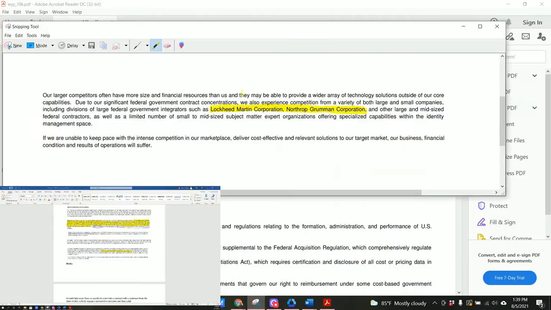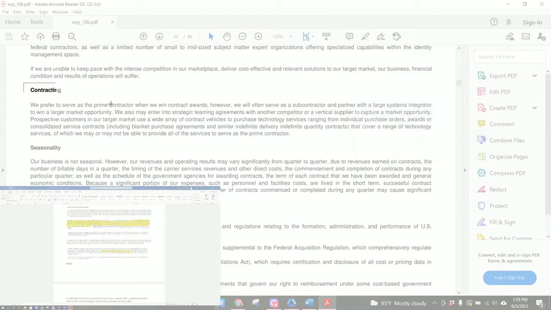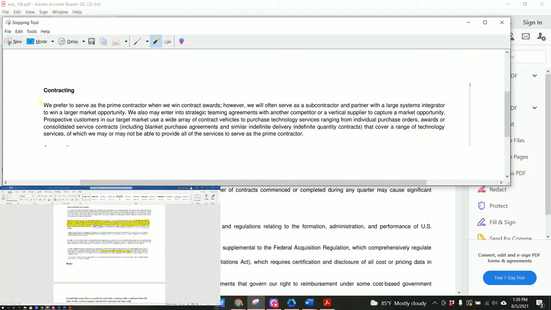Okay, this is important. We prefer to serve as the prime contractor when we win a contract award. However, we will often serve as a subcontractor and partner with a large systems integrator to win a larger market opportunity. Why is that important? Because when they're the prime, they want to be in control.